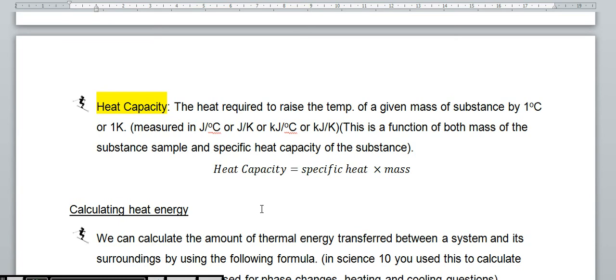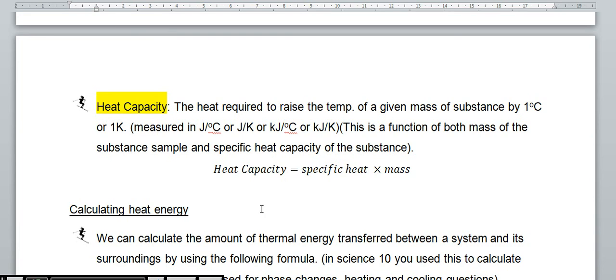For example, if we're going to heat up a pop can with some water in it, well, we could calculate the heat capacity for that pop can with that amount of water, and it would be specific to the system as you have it set up. And so we typically do this if we want to make a question a little bit quicker to answer, a little less calculations involved. We will use heat capacity.